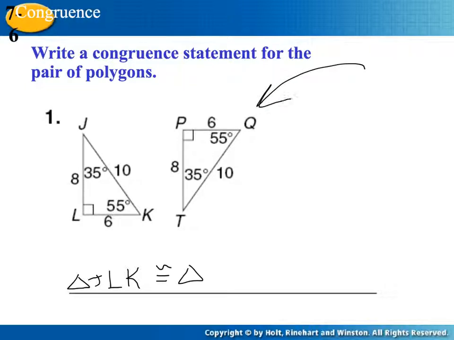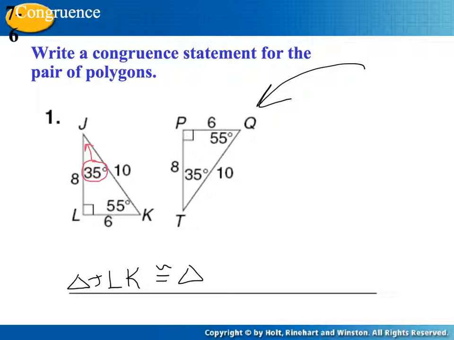We need to make sure that it is written with the angle measures that are equal in the same order. What in the world does that mean, Mr. Sheeman? It means that if angle J is 35 degrees, I need to find the angle that's 35 degrees in that PQT triangle.